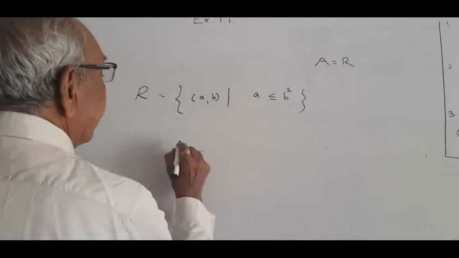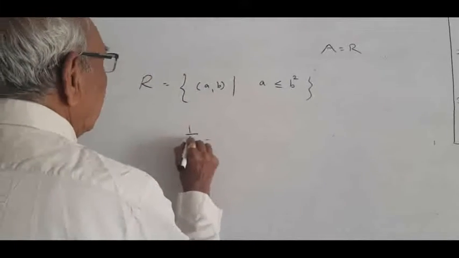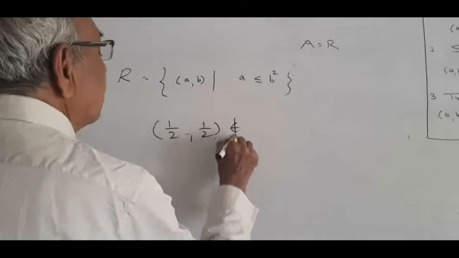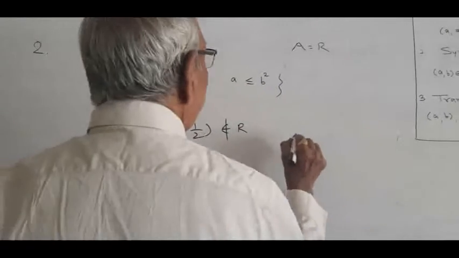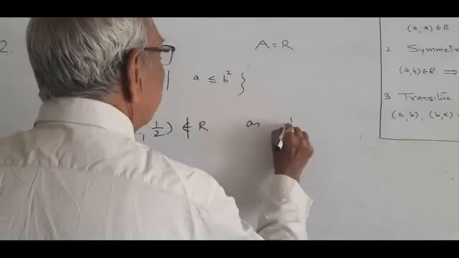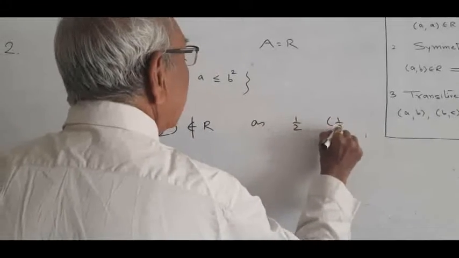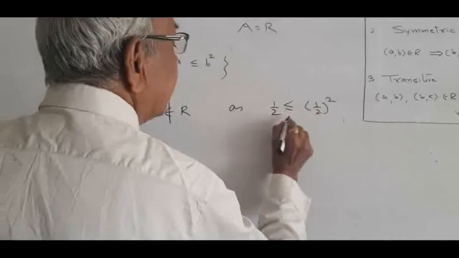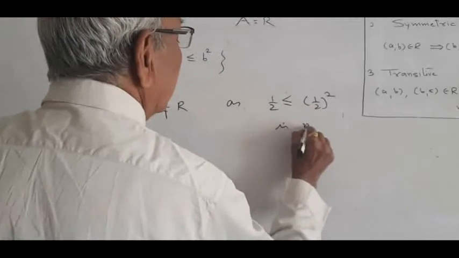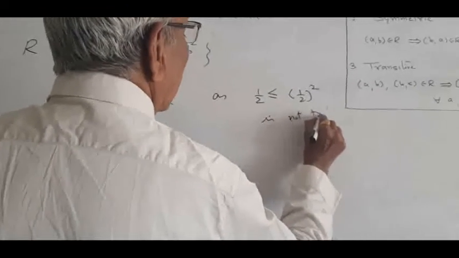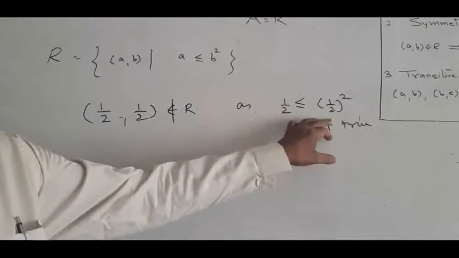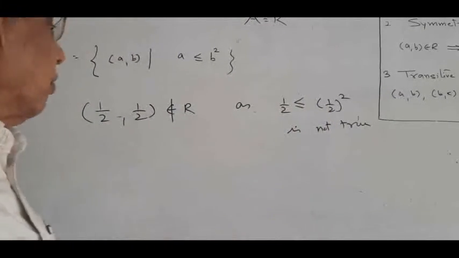Means here we will take a equal to 1 by 2. (1/2, 1/2) does not belong to R. Why? Here 1 by 2 squared is 1 by 4, and 1 by 2 is greater than 1 by 4, right?